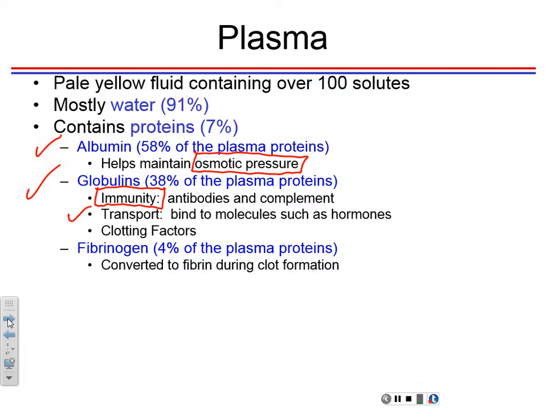Okay, the transport, they bind to molecules such as hormones. All right. Why do you bind these globulin proteins to hormones? Why can't you just? Yeah, but why? Water soluble. Yeah.